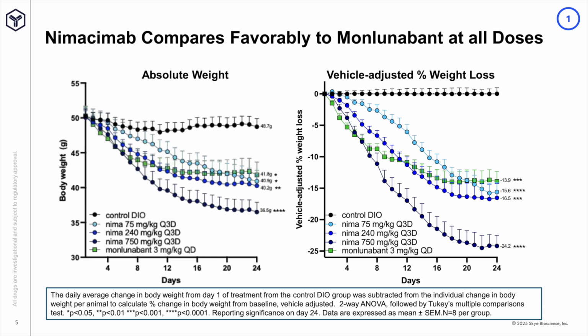And this is evident while looking at absolute weight, that's body weight in grams, or looking at this as a percent change from baseline. Both patterns are very similar. Ultimately, we do see that the 75 and 240 doses are really getting close to converging at day 24. And this is just before the end of the phase A, the efficacy phase, before we move into the rebound phase, which we'll talk about shortly.